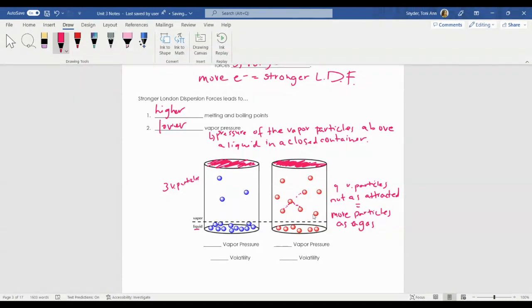Because gases, as we know, tend to be very far apart relative to their size. In this case, because the particles like to be near one another, because they are very attracted, they tend to stay in the liquid phase.